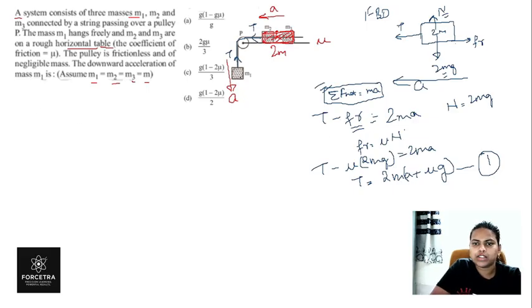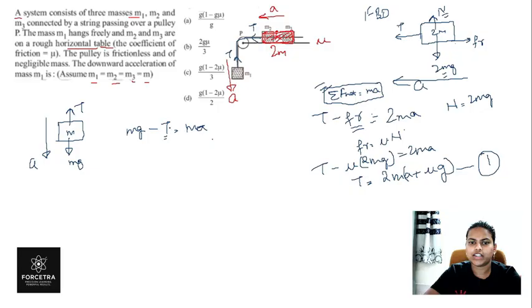Now let's come to the other block, the m1 block, and draw the free body diagram for it. Its mass is m, mg must be acting downward, tension is acting upward, and there is a net acceleration in the downward direction, so it would be a. To write the equation, it would be mg minus T is equal to mass into acceleration. Net force is equal to mass into acceleration. In this equation, let's substitute the value of T. So mg minus 2m into a plus g mu is equal to ma.